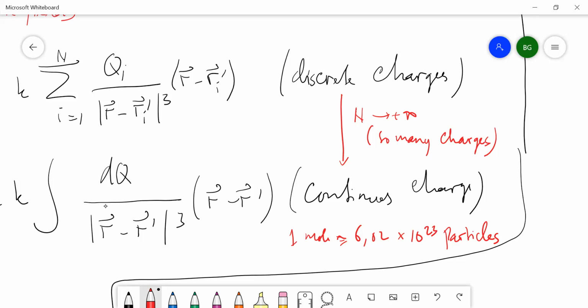Because there are so many charges in those things, like spheres, wires, disks, or shells, for example. Is there any question?